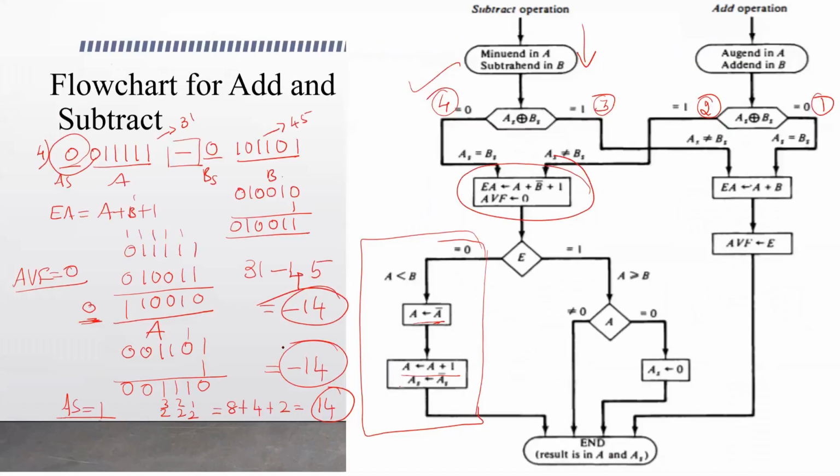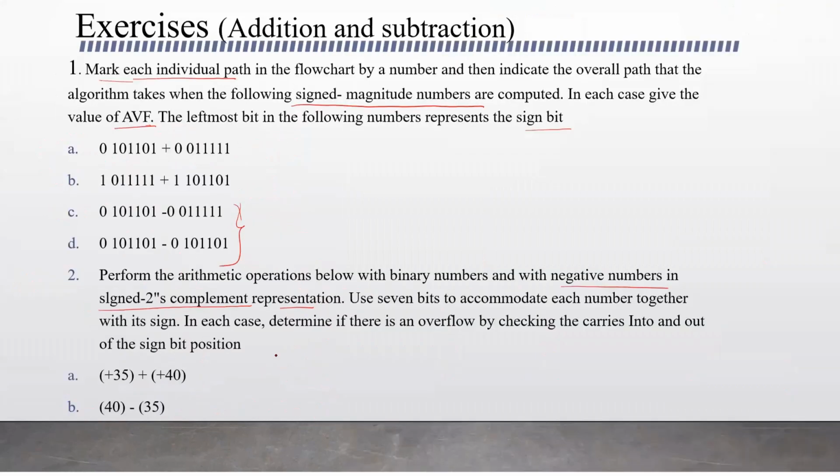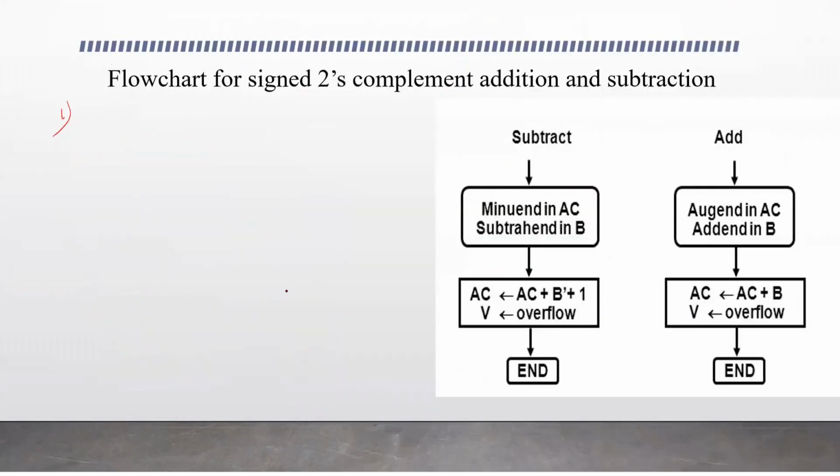The first one is 35 plus 40. Both the numbers are positive. So we need to find the binary equivalent of 35. How do we find it?